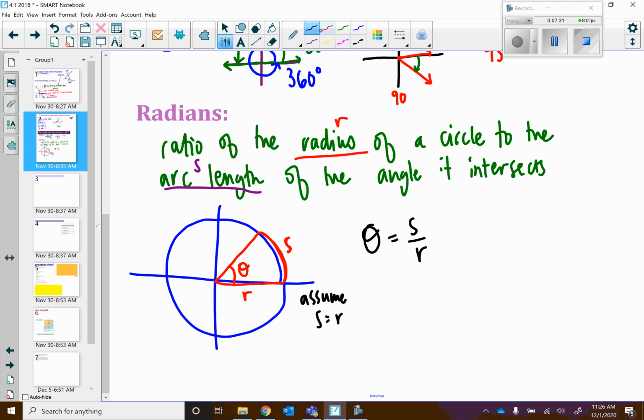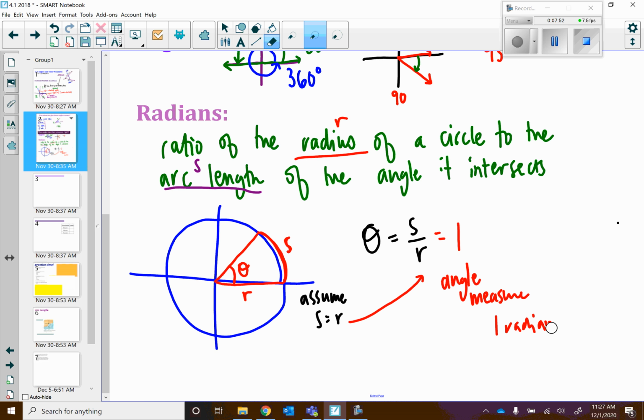If that's true, which we are going to pretend for this picture, then the ratio is 1. So in this drawing, we have an angle that has a measure of 1 radian. Sorry, let me rewrite that. This angle here has a measure of 1 radian.